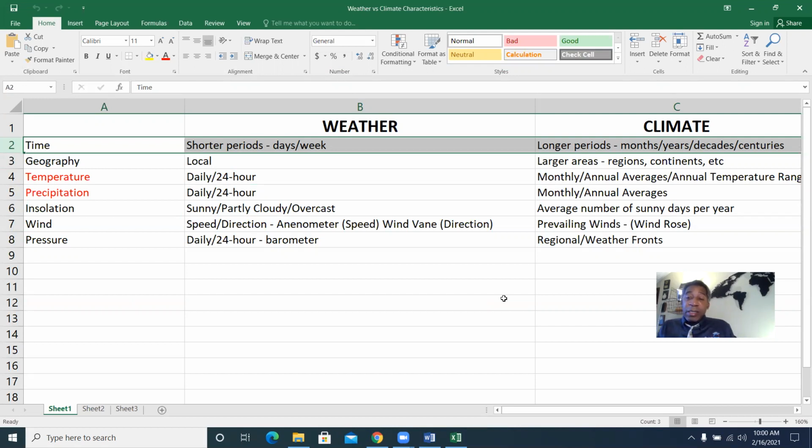So that's how we can determine how much carbon dioxide was in the atmosphere centuries ago or thousands of years ago.